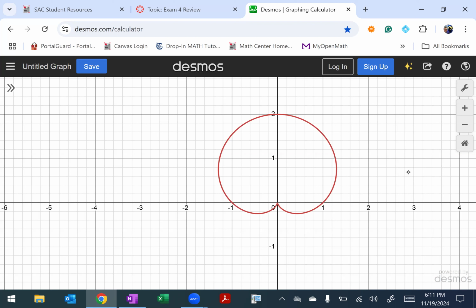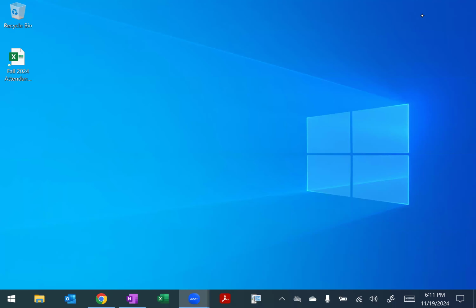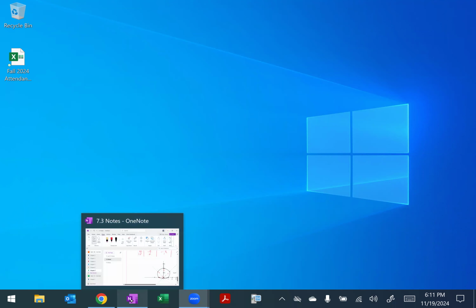Next, this Thursday when we come back, we'll talk about arc lengths and areas for polar curves, and then generalize that for parametric equations. But let's figure out how do we find a derivative of a polar curve, and what does that mean?